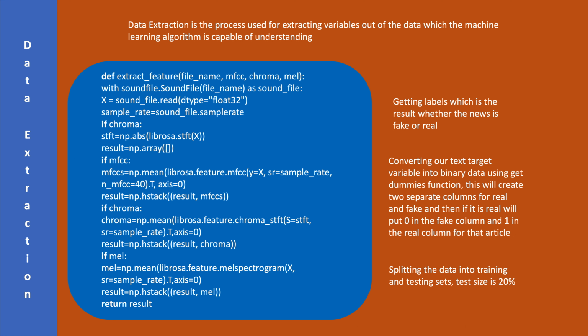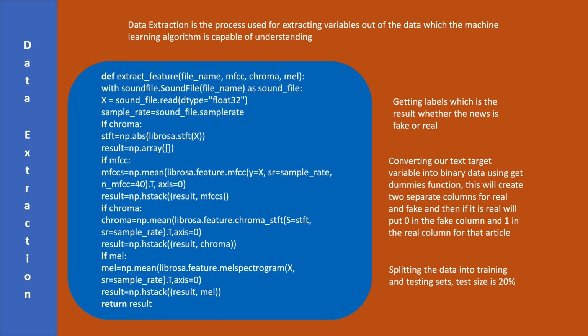Then we are converting our results into an np array, NumPy array. Array is simply a list of numbers. Then we are taking our MFCC values, which will be several of them, but based on the sample rate, we want to take averages.